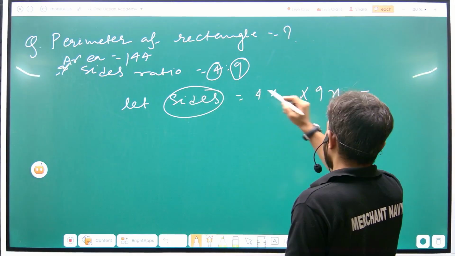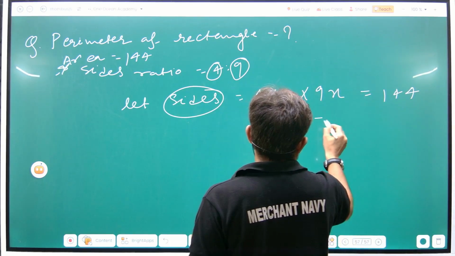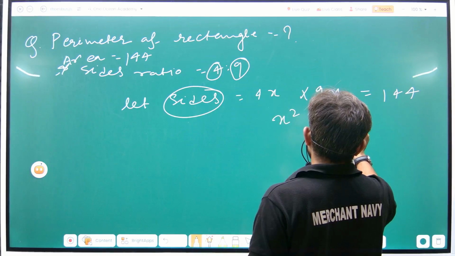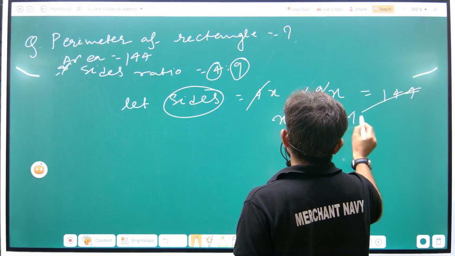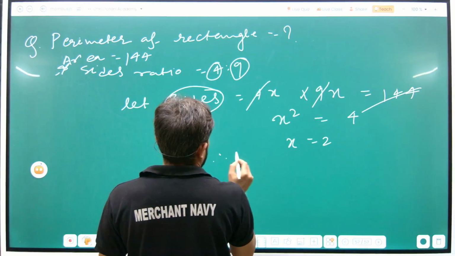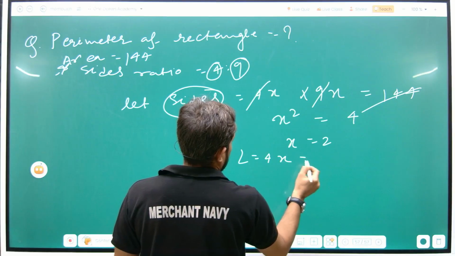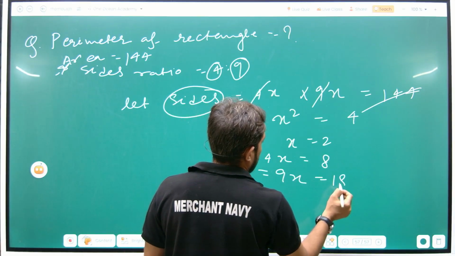So 4x into 9x is equal to 144. Now x square is equal to 36, so x is equal to 2 centimeter. Therefore L is equal to 4x, that is 8, and B is equal to 9x, that is 18.